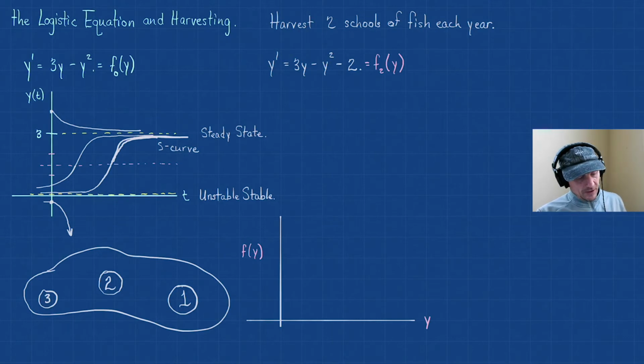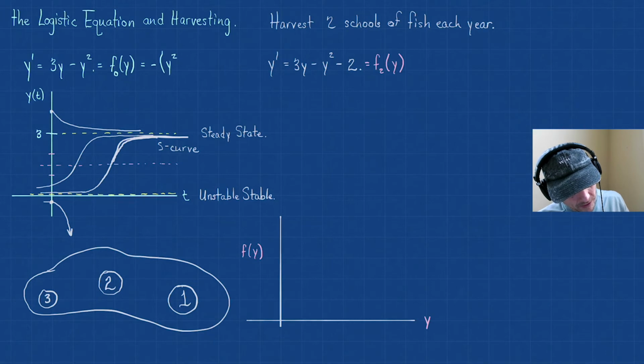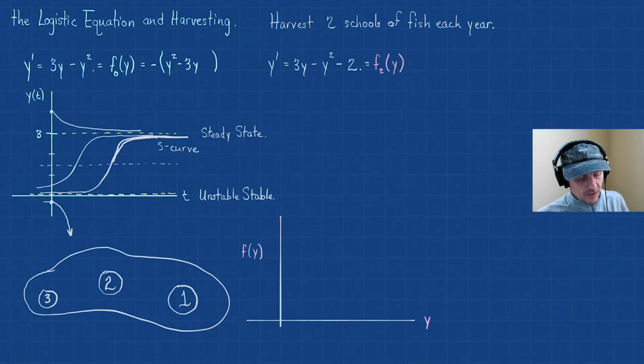Well, that's this parabola. If I factor this out, this is minus y squared minus 3y, and I'm going to put it in its vertex form. So I need to complete the square. I take half of minus 3, that's 3 halves. I square it, that's 9/4.